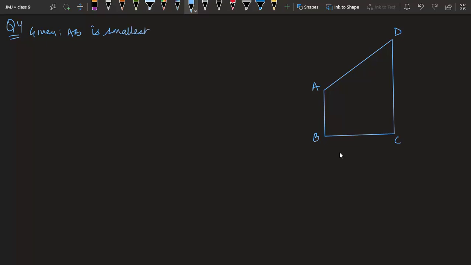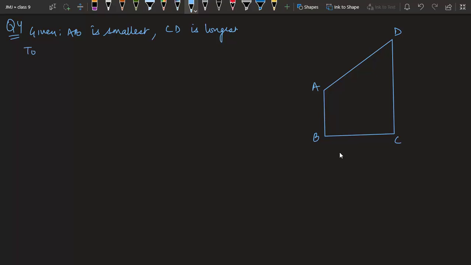So AB is smaller than AD, DC and BC, all the three sides. Similarly, CD is given as the largest or longest side.